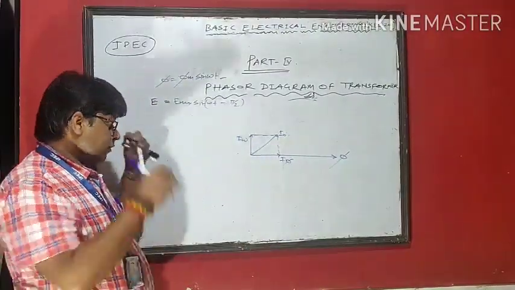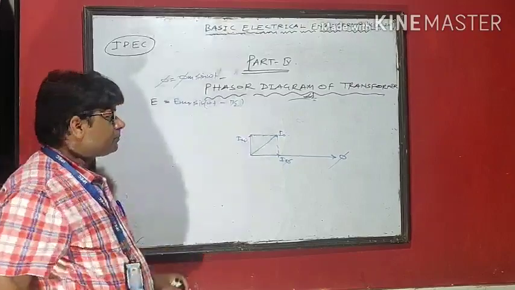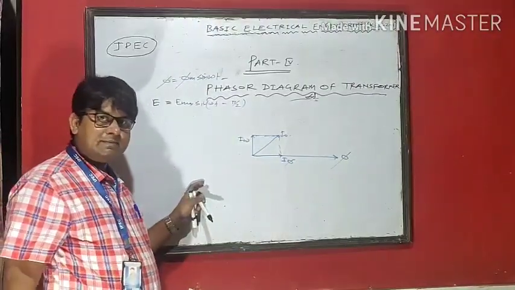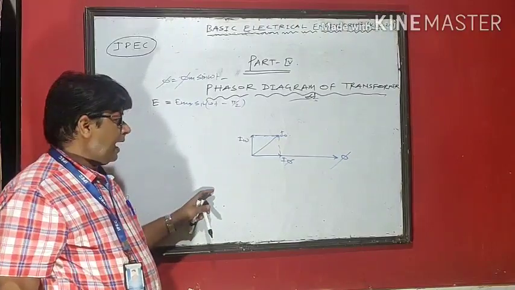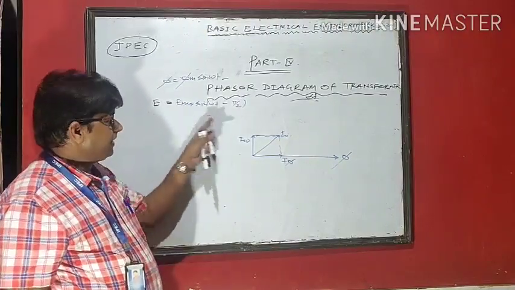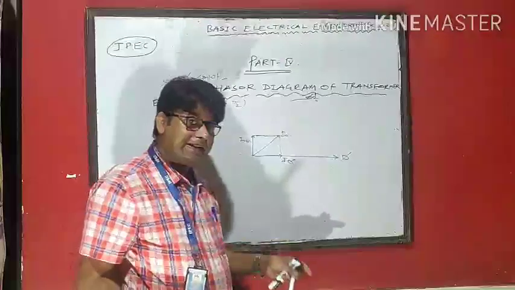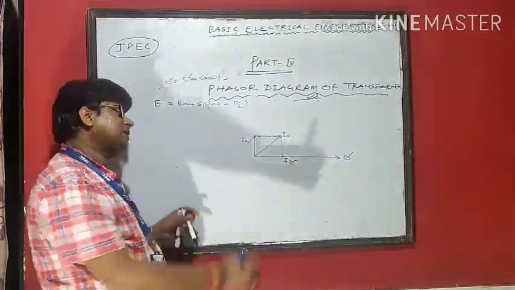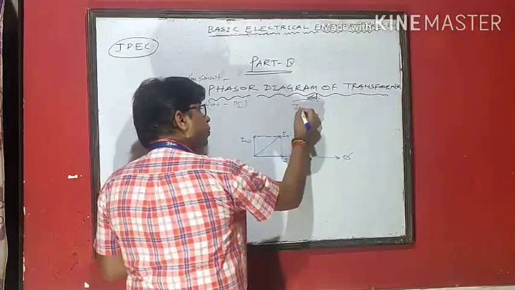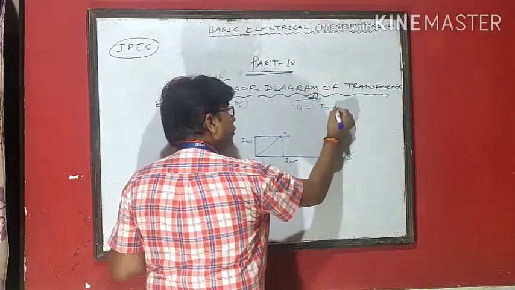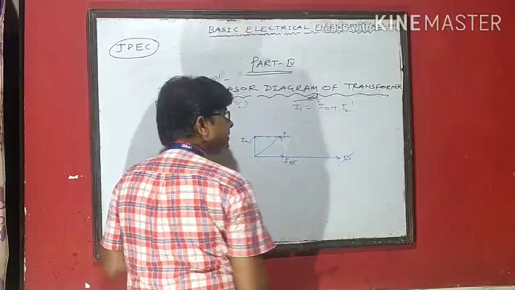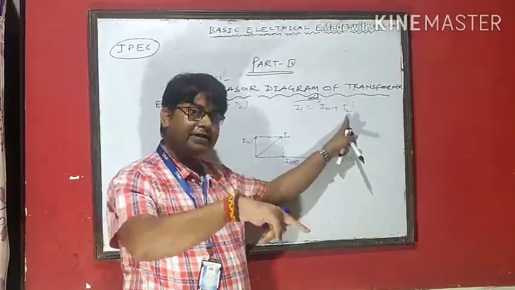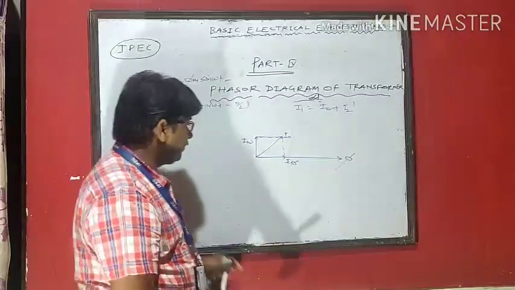We know that V2 is below this line. Because the load is connected, we draw V2 and I2, because I1 equals I naught plus I2 dash. I2 dash and I2 have the same magnitude but opposite direction. So first we draw V2.